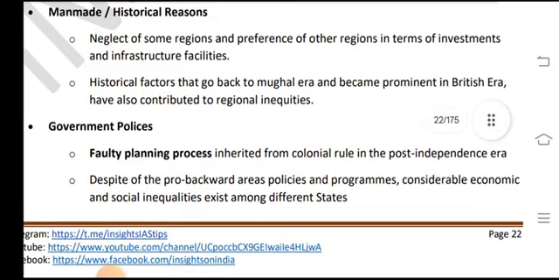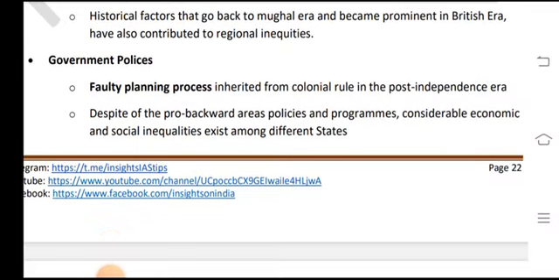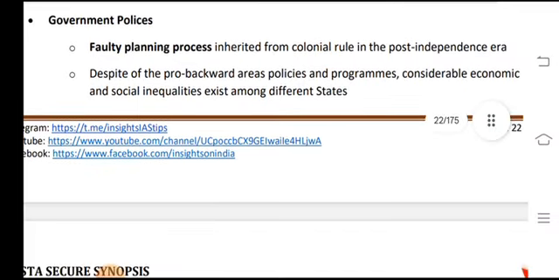Neglect of some regions and preference for others in terms of investment and infrastructure facilities. Historical factors that go back to the Mughal era and became prominent in the British era have also contributed to regional inequities. Government policy and faulty planning processes were inherited from colonial rule.